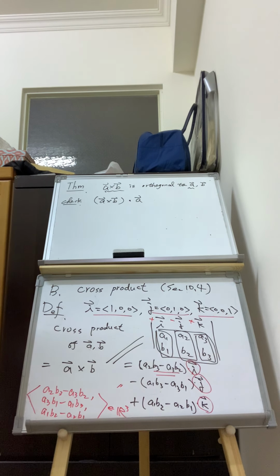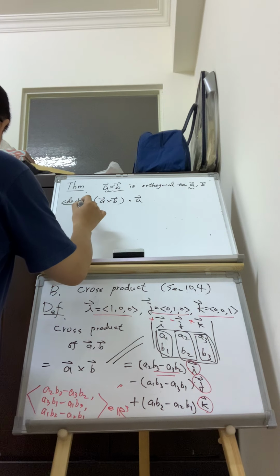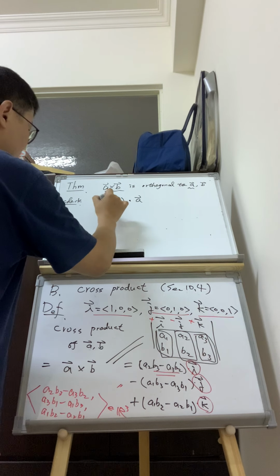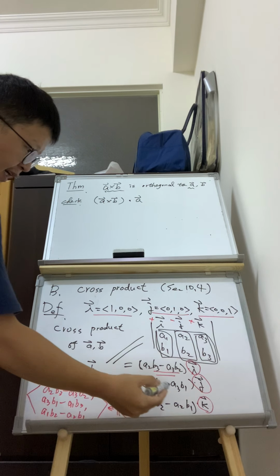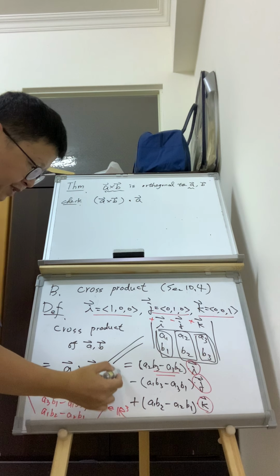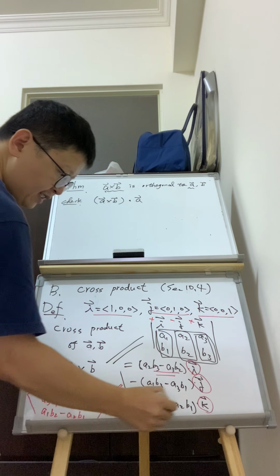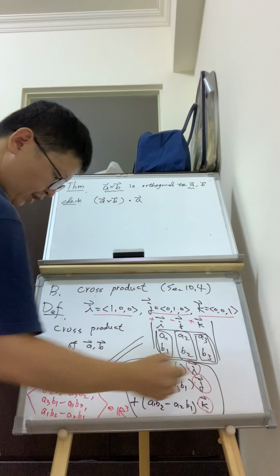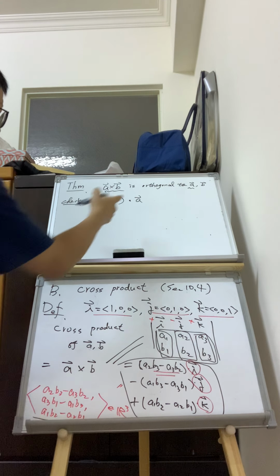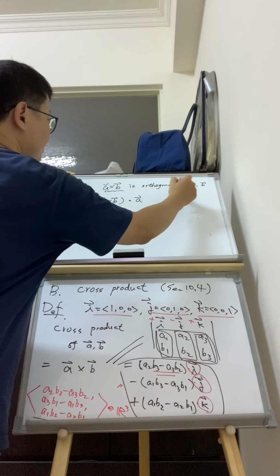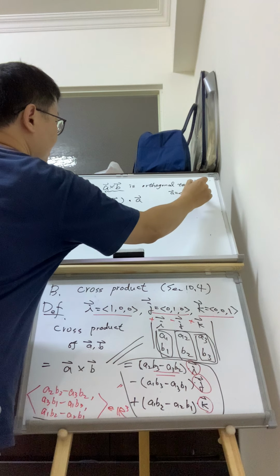So this one is A cross B, the vector is this one, and A I could write down here A1, A2, A3.